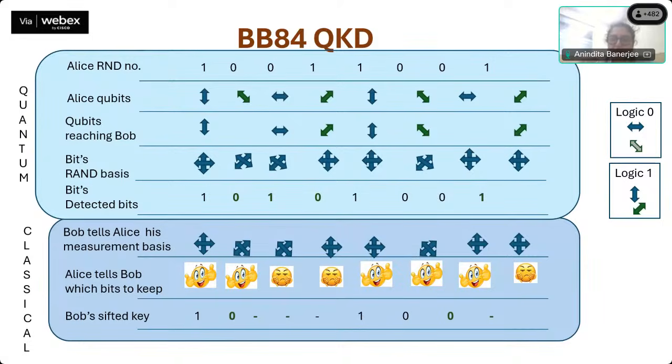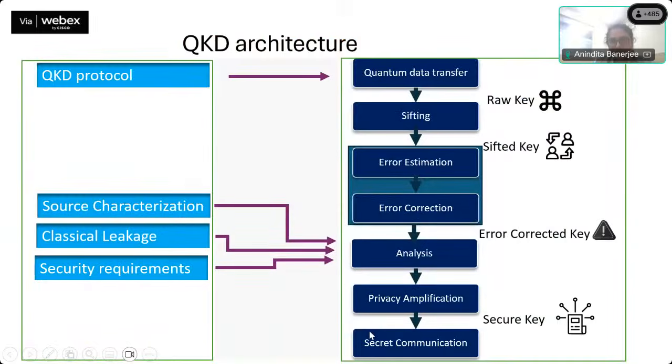She only shares basis information, and from there the keys are derived. Okay, and that is the reason I was telling you that the keys at both the ends, Alice and Bob, will be derived or generated. There is no pre-shared key. Okay, and whenever the bases match, they come out with a partially correlated bit string, which is called the sifted key.